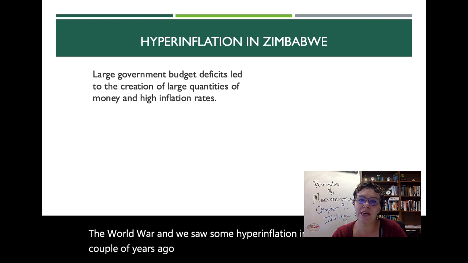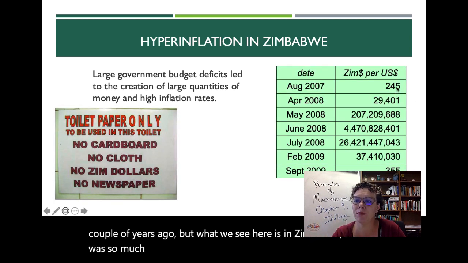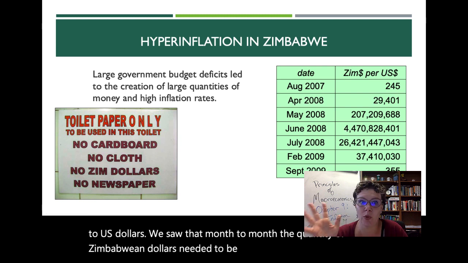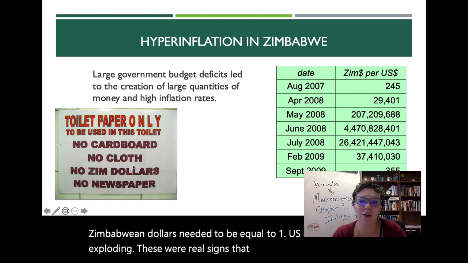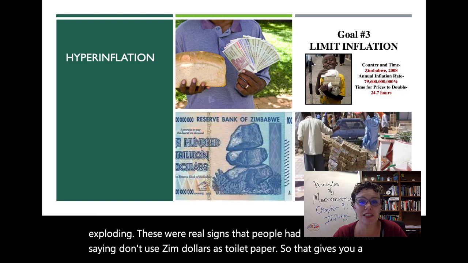But what we see here is in Zimbabwe, there was so much inflation that if we compared Zimbabwean dollars to US dollars, we saw that month to month, the quantity of Zimbabwean dollars needed to be equal to $1 US was exploding. These were real signs that people had in the bathroom saying, don't use Zim dollars as toilet paper. So that gives you a sense of how useless the money was.